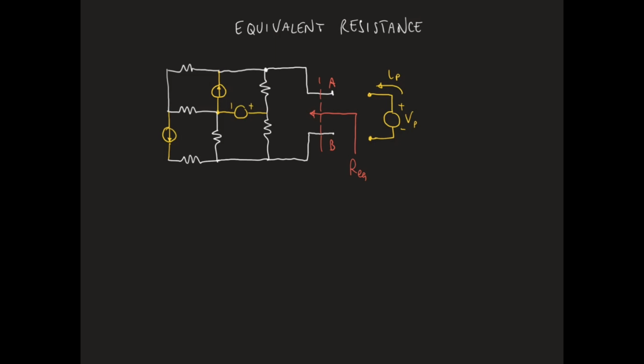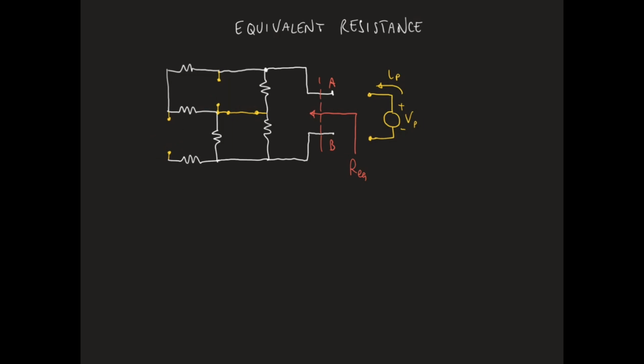However, before doing that, in case the network includes independent current and voltage sources, we need to switch them off. Remember that when you switch a voltage source off, you get a short circuit, and when you switch a current source off, you get an open circuit.